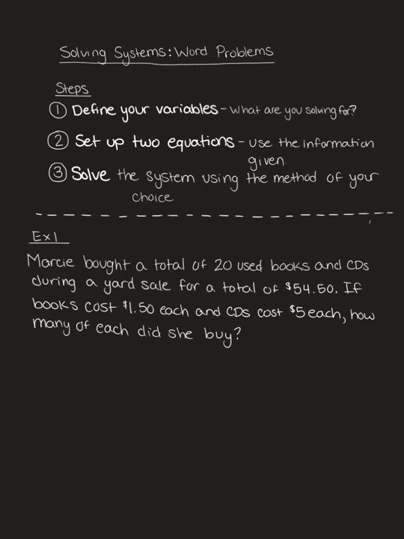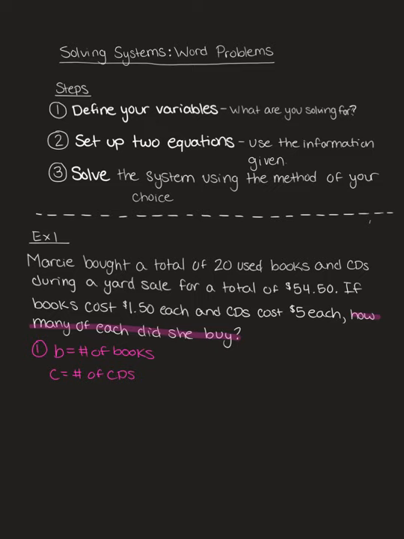If you look at the question here, how many of each did she buy? That will tell you your variables. So how many books? We can use B is the number of books, and C is the number of CDs.